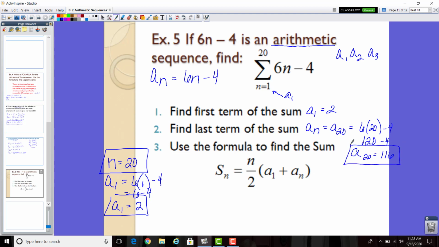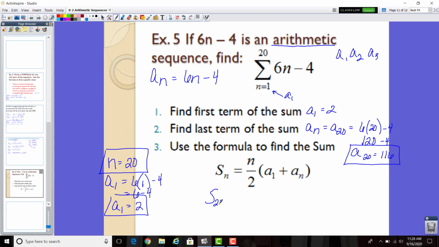There's my last term. I calculated my first term to be 2. A sub 1 is 2. Since n is 20, my last term is a sub 20. I calculated that to be 116. Now I can plug it into the formula, follow my order of operations, and get my sum.